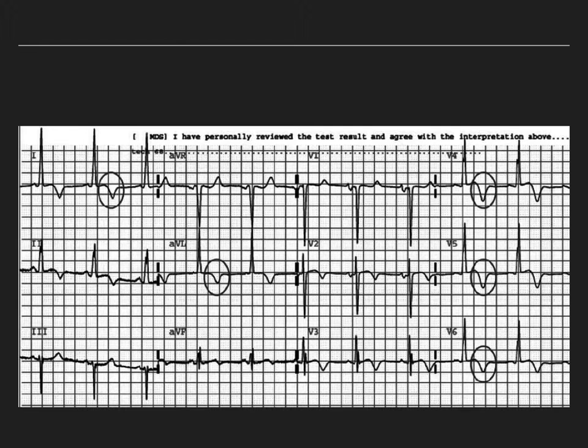In this ECG here, you can see that whoever did this ECG circled leads 1, AVL, V5, V6, and V4, and they circled the ST segment. This is showing what you would expect to see in a cardiomyopathy patient.